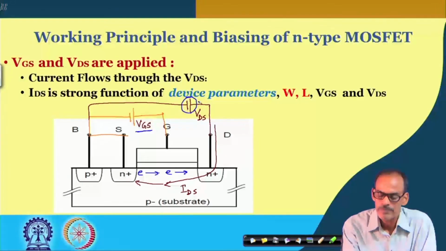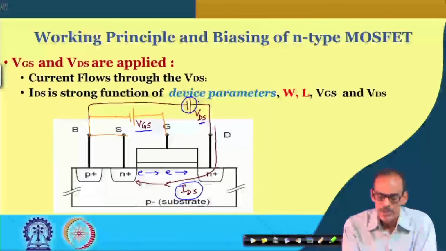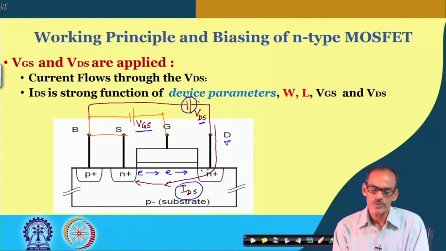On the other hand, the horizontal field created by VDS helps the movement of the electrons from left to right, and as a result we have the IDS. Note that these electrons are coming from this side, so that is why you call this the source, and they are getting drained to this terminal, that is why you call it the drain. Now it is very clear why you call these drain and source.